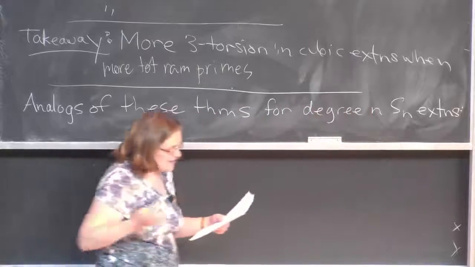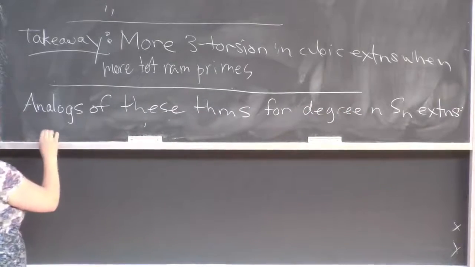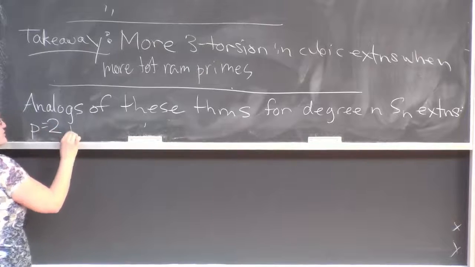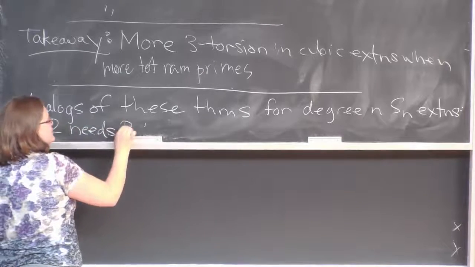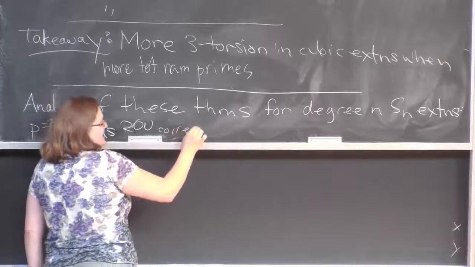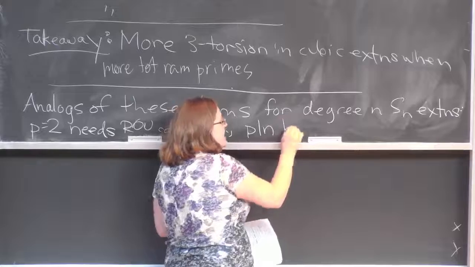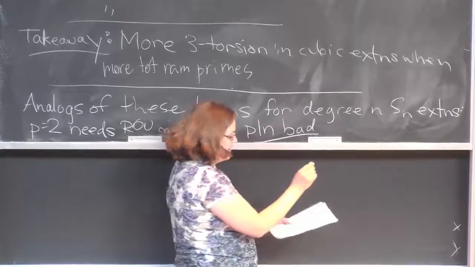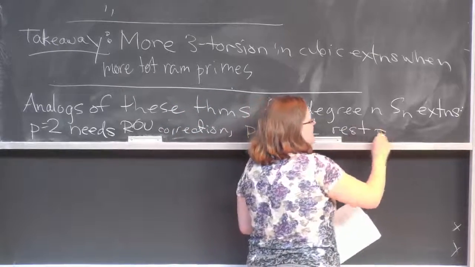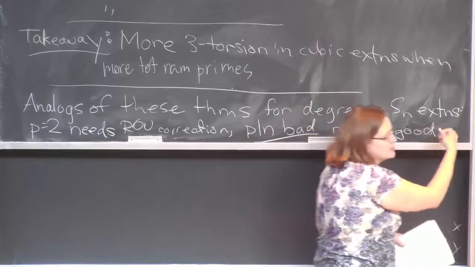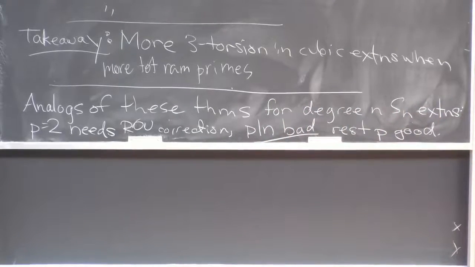And the rough story is that p equals 2 needs the roots of unity correction, as you would expect, and otherwise p dividing n are bad, and the rest of the p are good, in the sense that there's a polynomial in p and 1 over p such that all the other p's have those averages in this sense, where I took the limit as n goes to infinity, and then the limit as q goes to infinity, and then the limit as n goes to infinity.